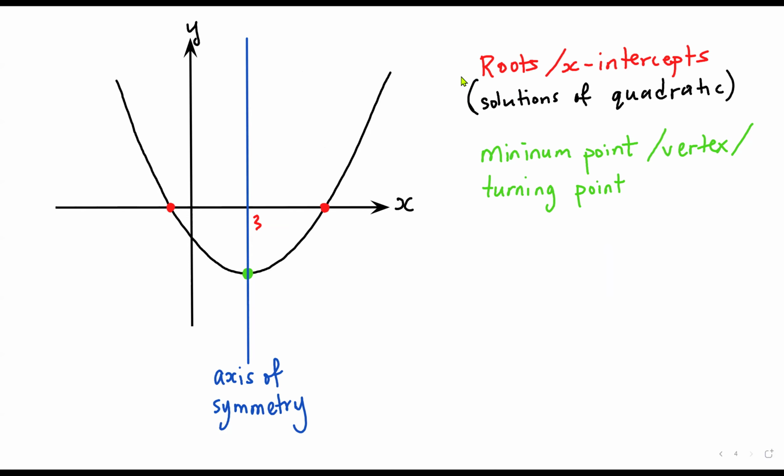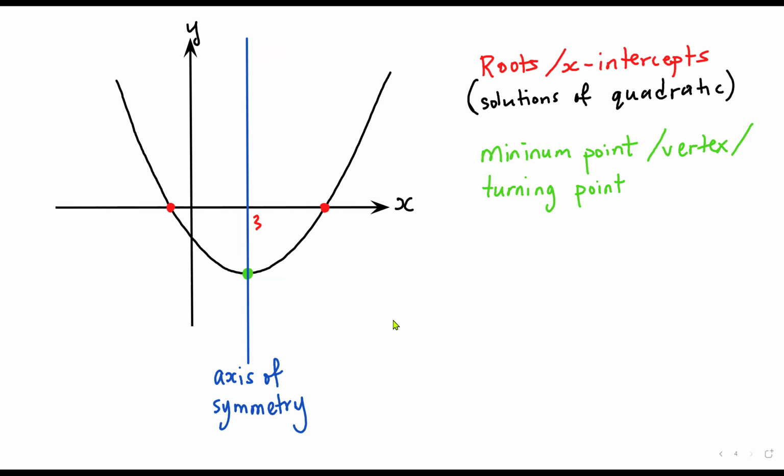So far, the important things about the quadratic curve are your roots or x-intercepts, which is where the graph cuts the x-axis; your minimum point, vertex or turning point, which is the lowest point on the quadratic curve; and your axis of symmetry, a straight line that passes through the minimum point. The curve is symmetrical about that axis of symmetry.